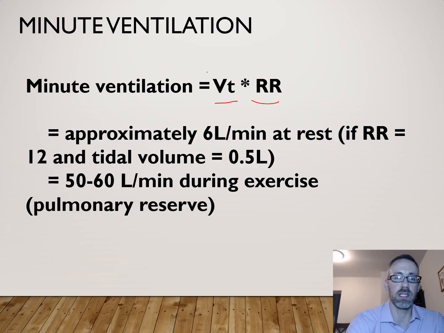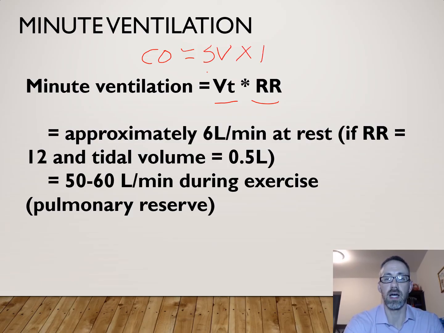And this is actually just like what we talked about with cardiac output in the cardiovascular lecture, where cardiac output was equal to the stroke volume times the heart rate. Right? That was telling us the volume of blood that was moving every minute. And so that would usually be on the order of anywhere from 5 to 6 liters per minute, for example. Minute ventilation follows the same formula. We're now, instead of talking about blood, we're talking about air, right? So the flow of air every minute.